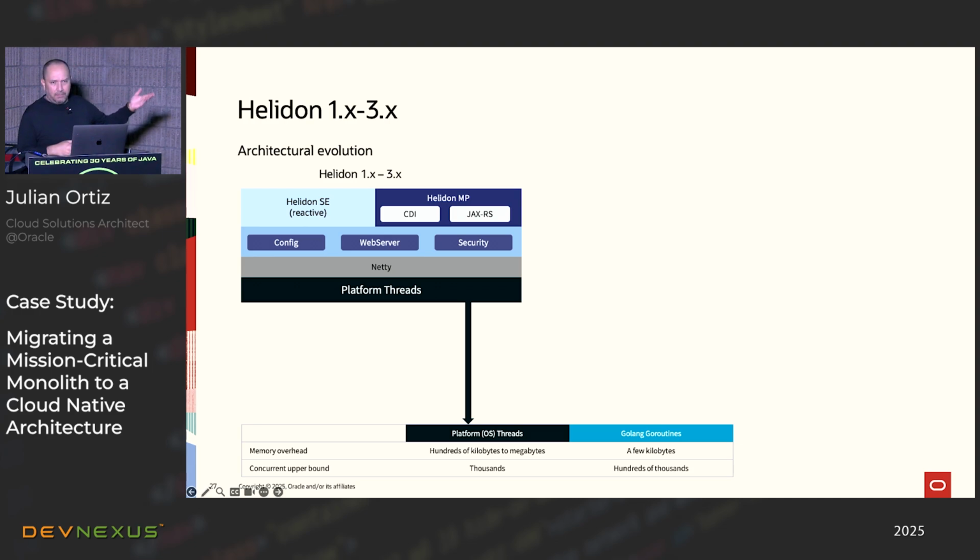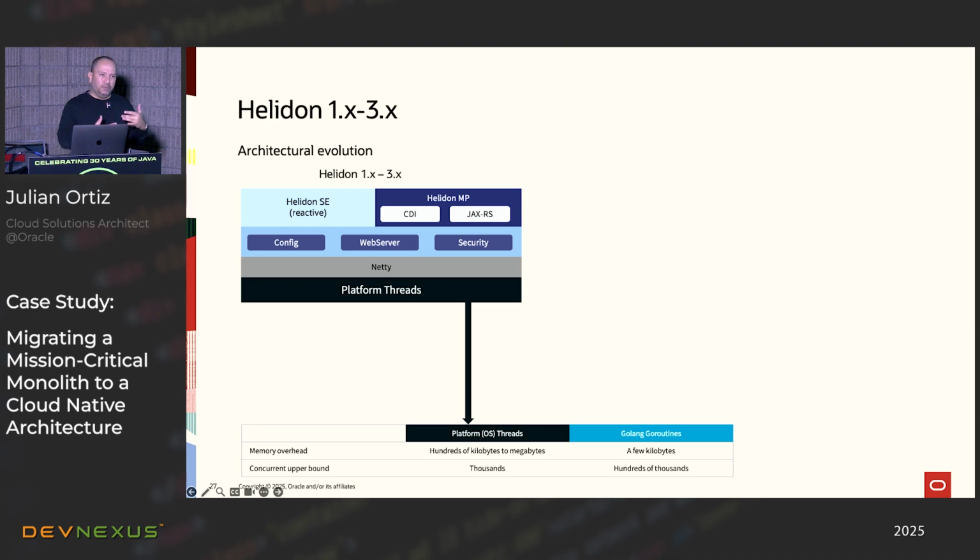They have a high memory overhead compared to other tech stacks, and the concurrency upper bound is in the thousands, as opposed to hundreds of thousands. So that is something we were a little concerned about, and we started working to avoid these platform threads and the limitations on memory and concurrency.